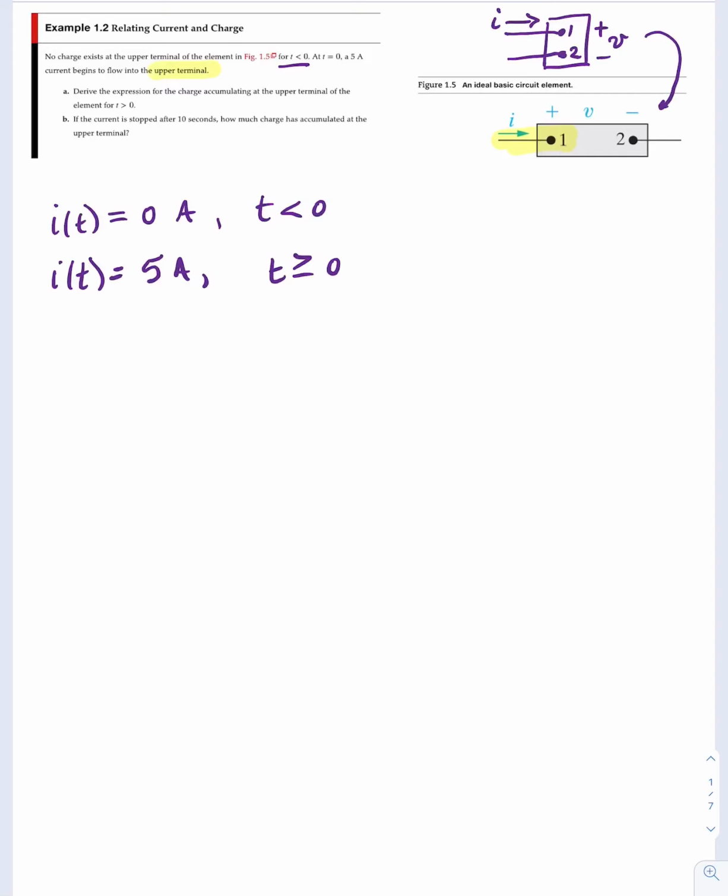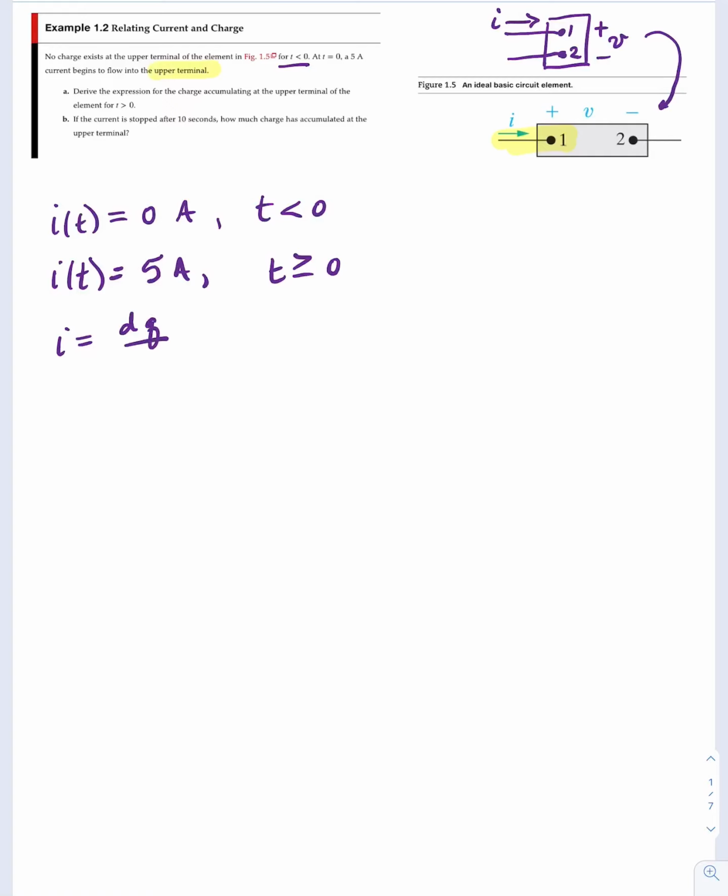So, moving on. Part A, derive the expression for the charge accumulating at the upper terminal of the element for t greater than 0. We know that current is the rate of charge flow.